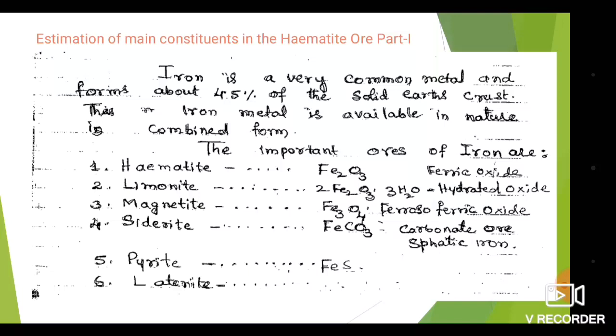The important ores of iron are the hematite ore, in which iron is present as Fe2O3, that is, ferric oxide.